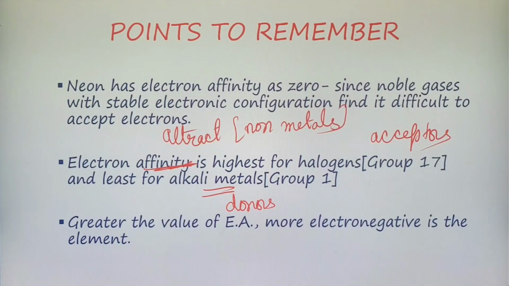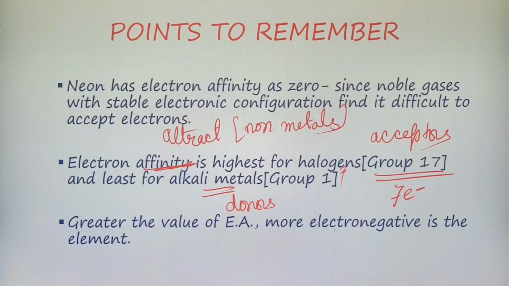It will be a group 17 element. Which are the group 17 elements here, children? Group 17 elements are the halogens. Which are the halogens? Fluorine, chlorine, bromine, iodine. Am I clear? Because how many electrons do they have? They have got 7 electrons in their outermost shell. They are very much reactive because they only need one more electron.